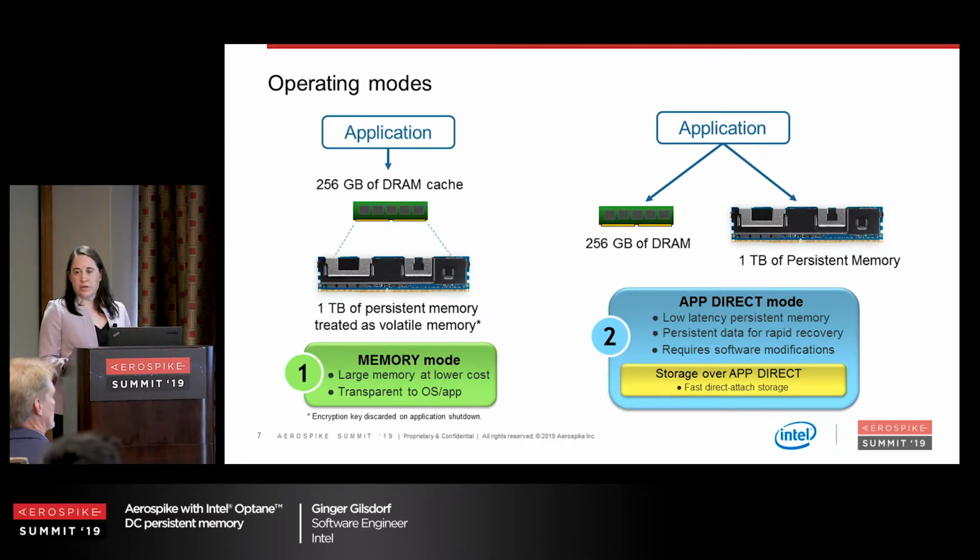I can allocate to that, just call a malloc, and I've got my regular DRAM that I'm used to working with. I also have a pool of persistent memory. So as a developer, this allows you to determine that there might still be some data structures that are better to reside in DRAM, where there's some that are a little bit less latency sensitive, but will really benefit from persistence. So you have a lot more flexibility in where you place your data.